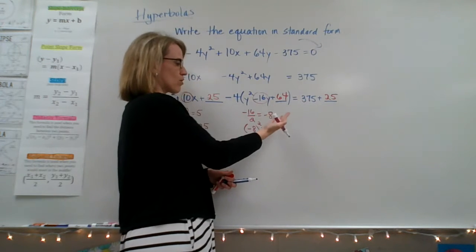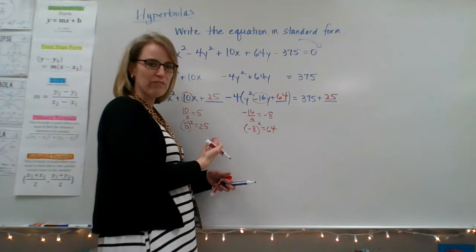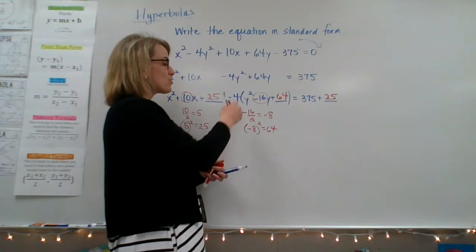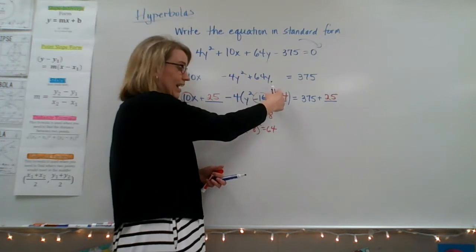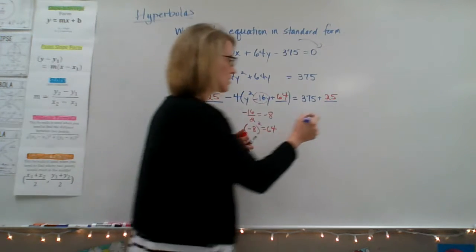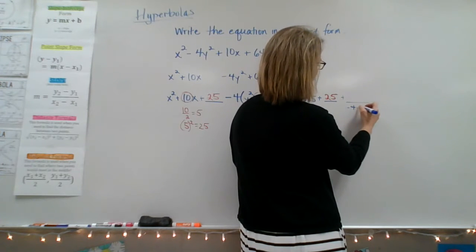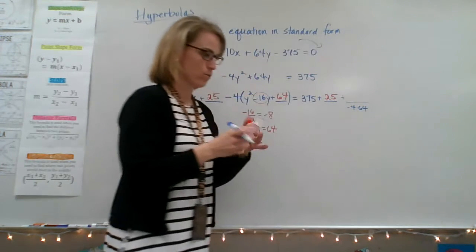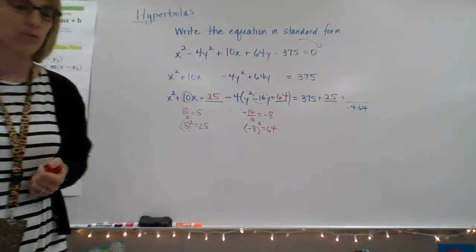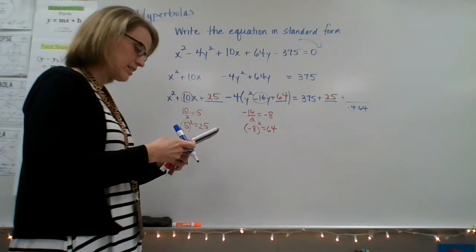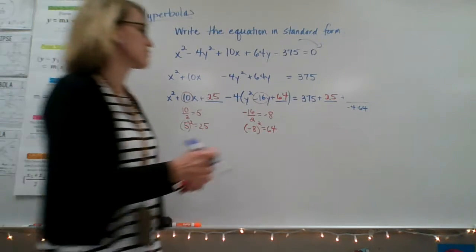But remember, on this side of the equation, we have factored out a negative 4 previously. So what that means is that this is really a negative 4 times 64 sitting on this side. So that's what we have to add over here. So negative 4 times 64, whatever that is going to be. And I need a calculator for that part. So 4 times 64. And it is a negative 256.